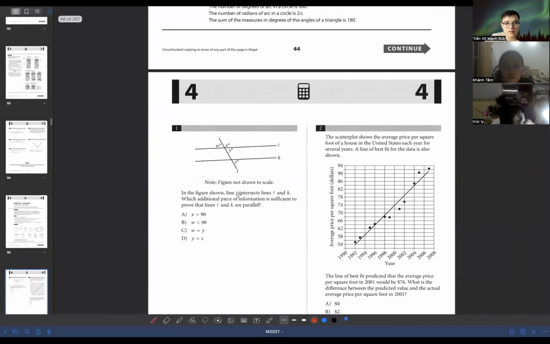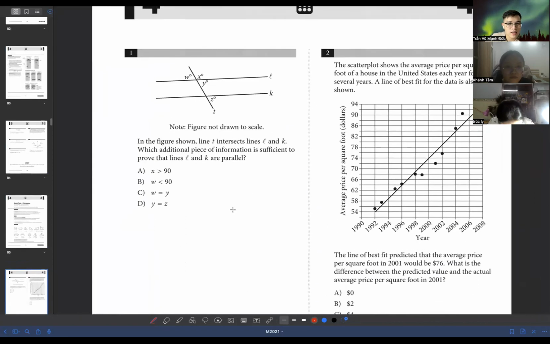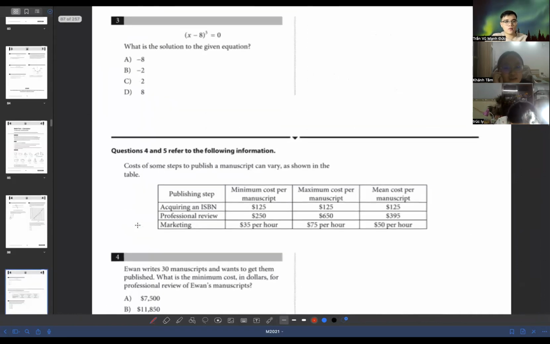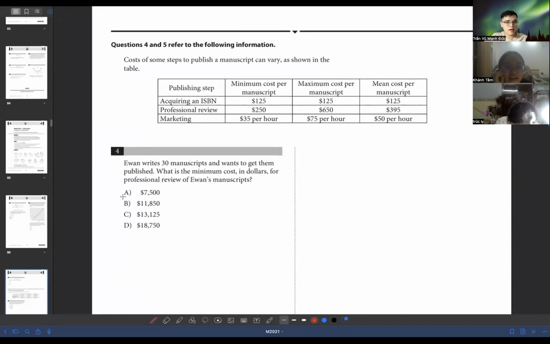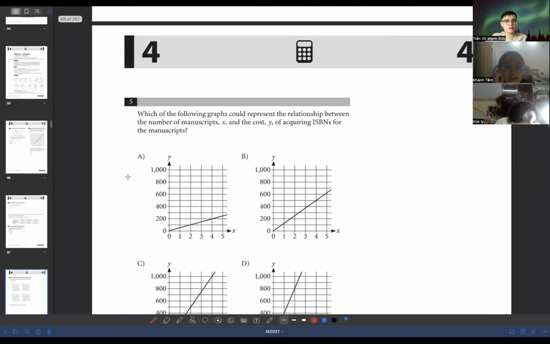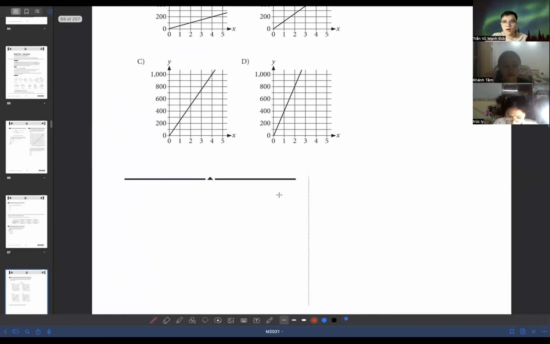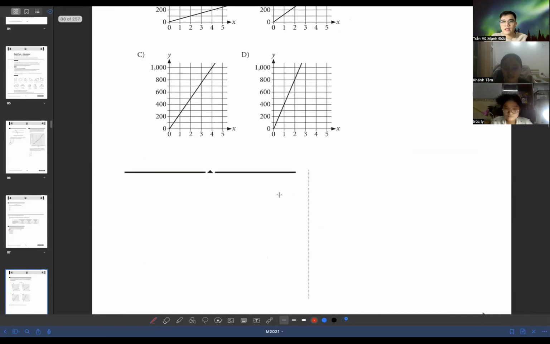Questions 1, 4, 5, 7. Firstly, can you do 1 for me? 1, 4, 5. 1D. Hang on a sec. 1D, correct. 4A. And 5B. Very good. Next up is 7, 8, 10, 11.